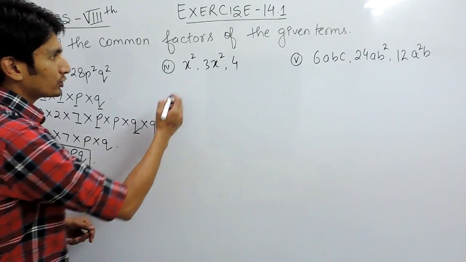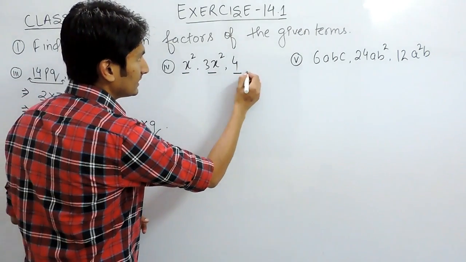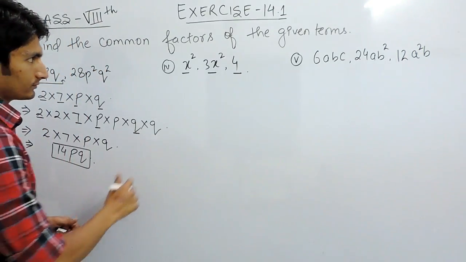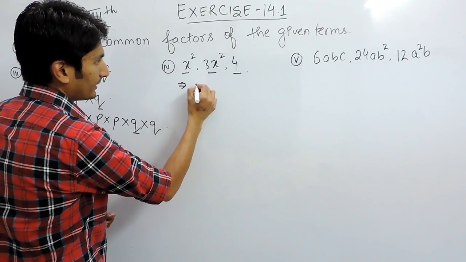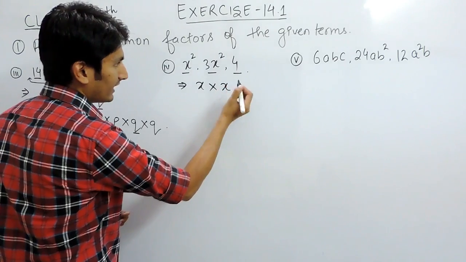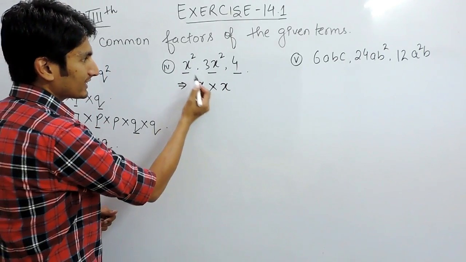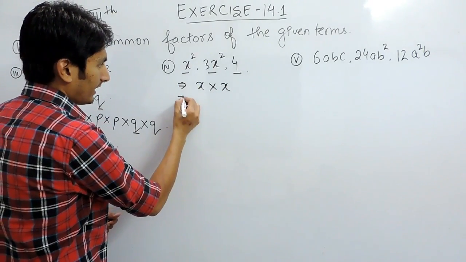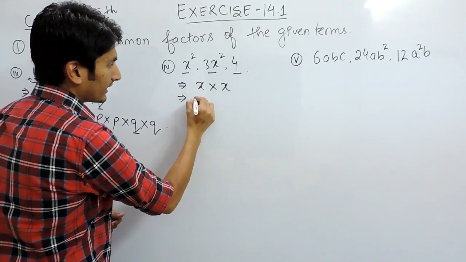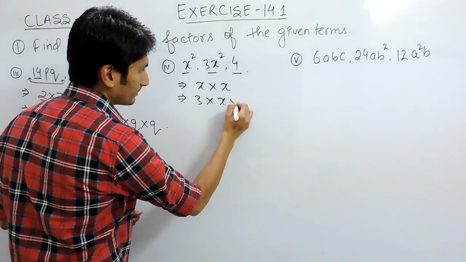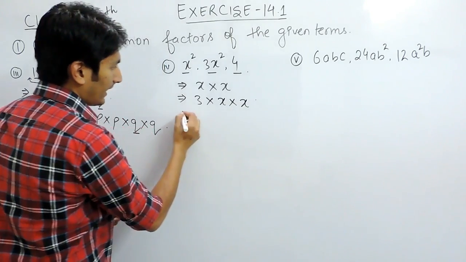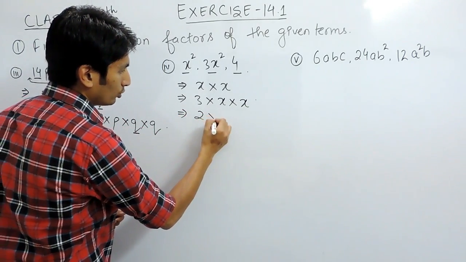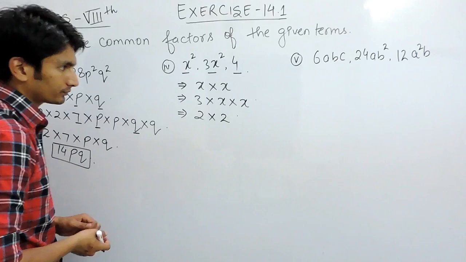Now let's find what should be the common factor in these three terms. The first term can be written as x multiplied by x, because x square is x multiplied by x. 3x square can be written as 3 multiplied by x, and the third term can be written as 2 multiplied by 2.